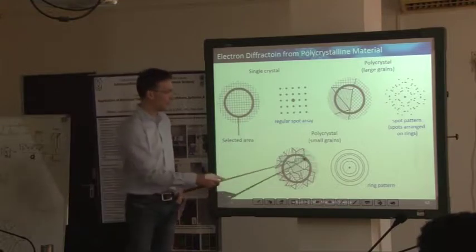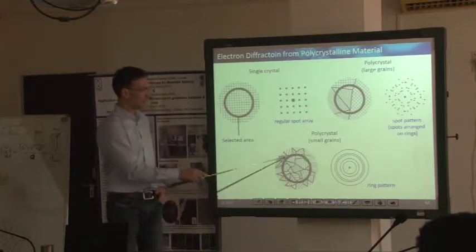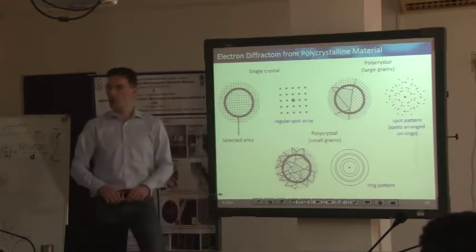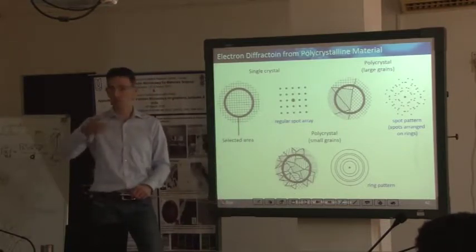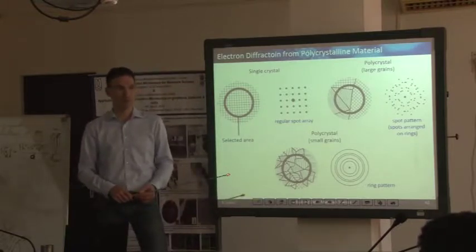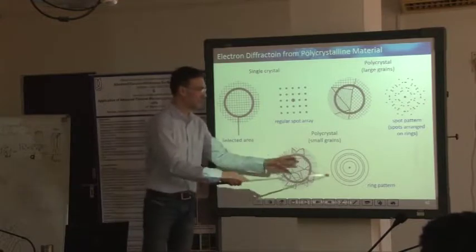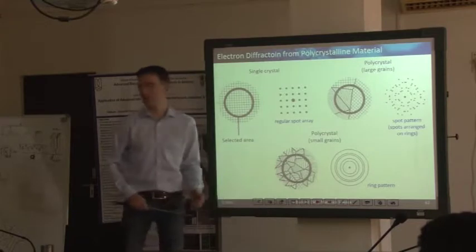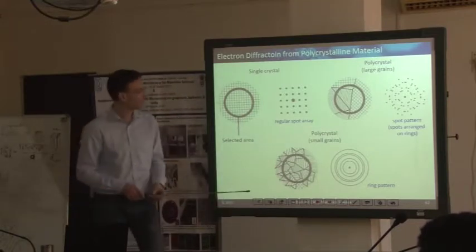And the finer the grain structure is, or the smaller the grains, or the larger the aperture is, the more grains in different orientations contribute to the diffraction pattern, meaning that you get rings. This is a little bit different to the spot pattern, but this is exactly the same diffraction.